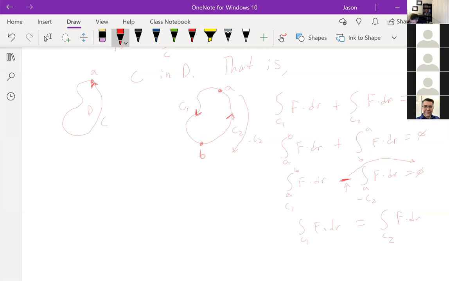This was C1, plus C2 would equal 0. If I flip it, it's the negation of C2, and so now put it to the other side. There we go, that makes sense.